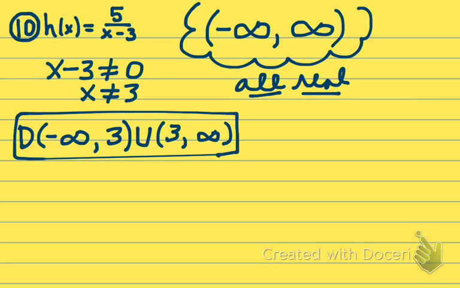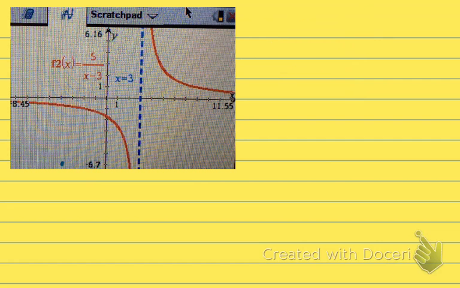Alright, so then the direction is stating that we're going to confirm graphically. Now I want you to notice something before we look at the graph. Notice that you have a piece here and a piece here. Anytime you have that as your domain, you should see that in the graph. So let's look at our graph, and here it is. Here are the pieces that I was referring to.